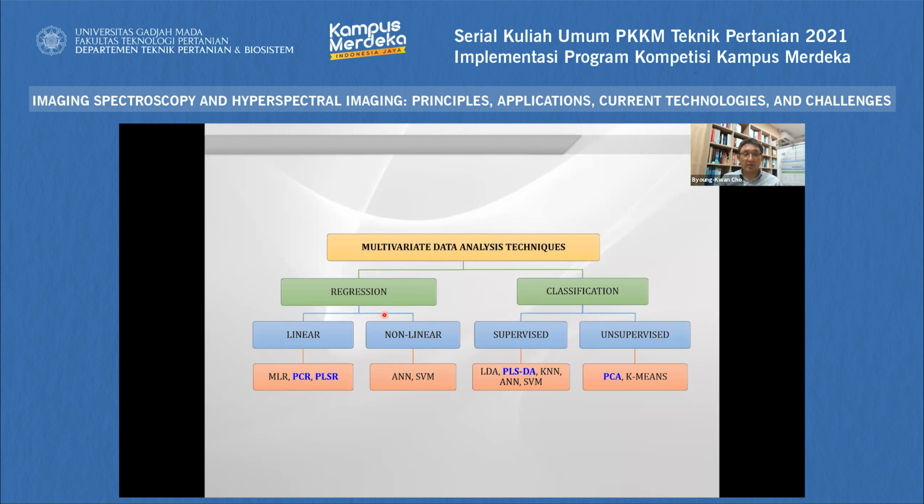We can make a regression model and also a classification model. Sometimes we can use artificial intelligence like deep learning. So, regression and classification models. There are lots of techniques, but maybe you can learn them in a graduate program.